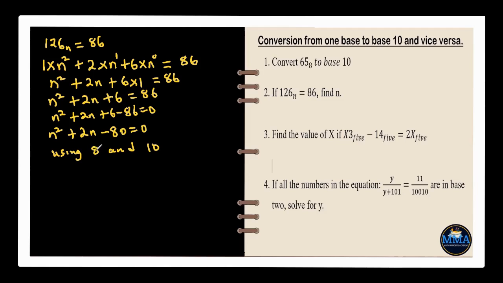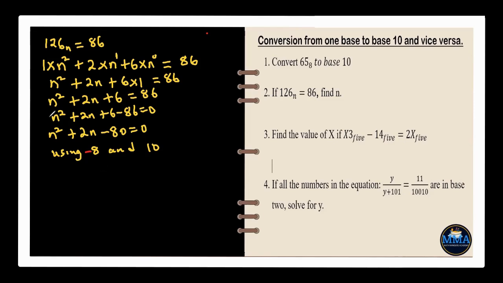Now, we want the product to give us a negative number. We want the product of 8 and 10 to give us minus 80. And we want a situation where if we add this factor here and this factor here, we'll get 2. It means that this 8 is actually going to be negative for us to be able to achieve that. So we have minus 8 here.